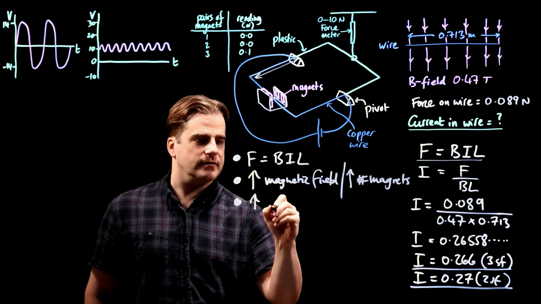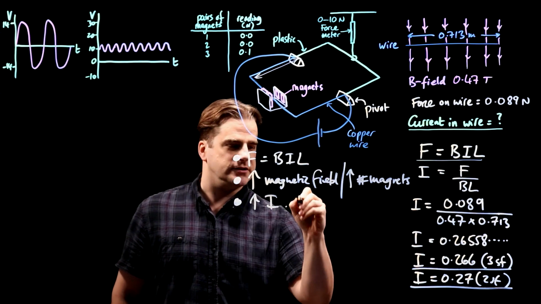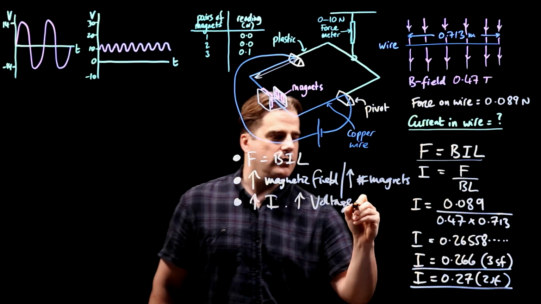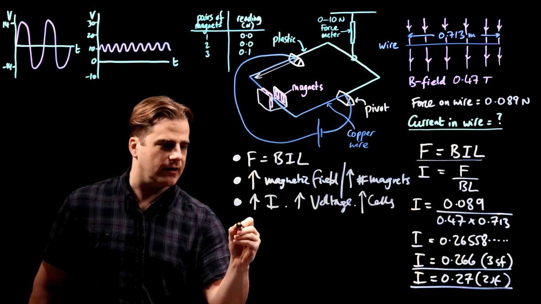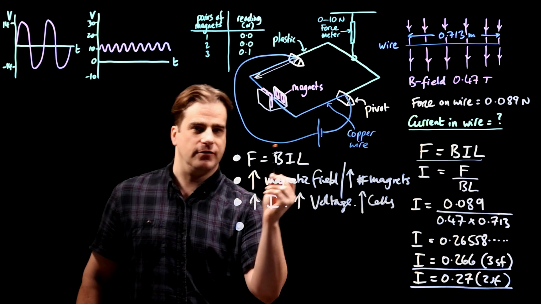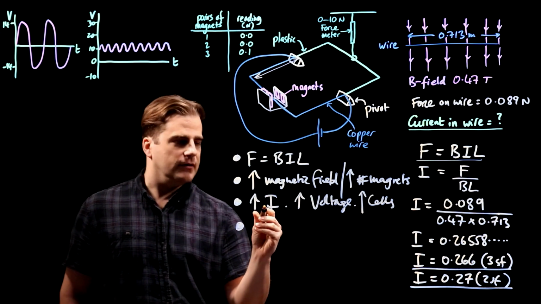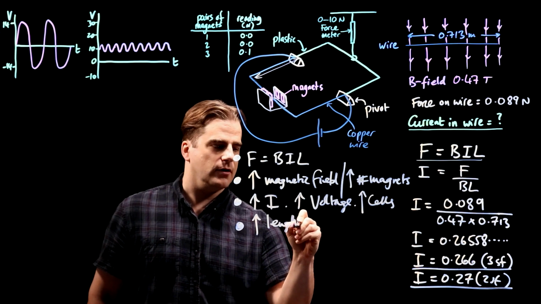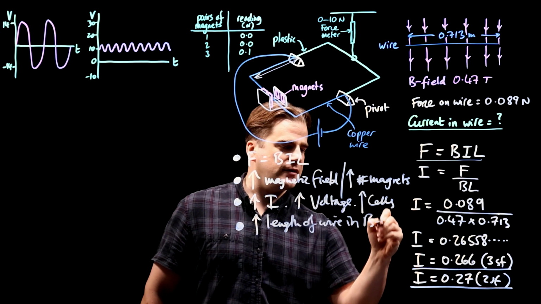So increase current, which means increasing the voltage. Okay, or greater number of cells or stronger batteries, something like that. Okay, which again, according to the equation, will increase the force. Length for our 3rd mark. Increase the length of wire in the magnetic field.